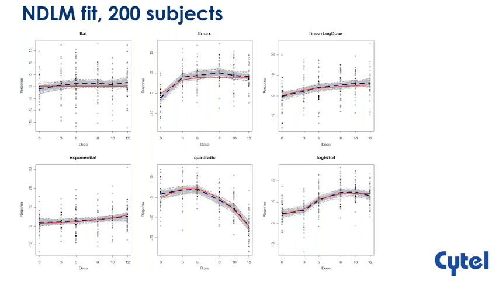And so you can see for each of the types of dose response curve, this normal dynamic model does a really good job at estimating the true underlying dose response curve regardless of shape.